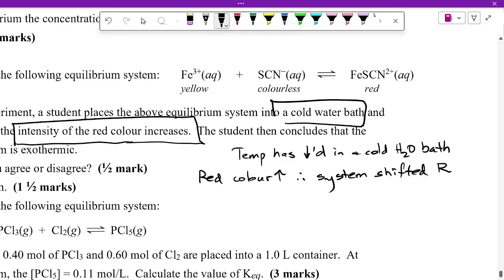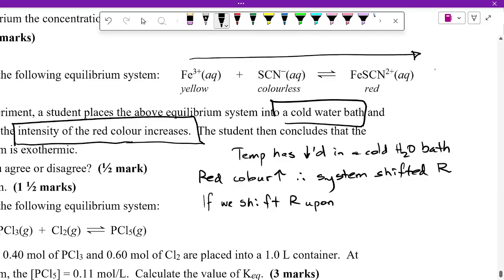And so if we are shifting to the right and there's a temperature decrease, then the heat term must be on the right. If we shift right upon temperature decrease, heat term must be on the right.